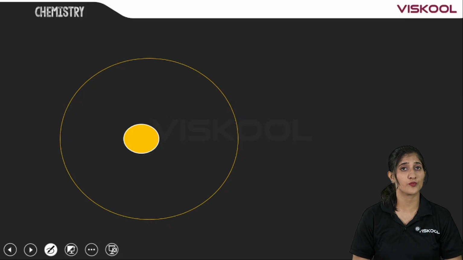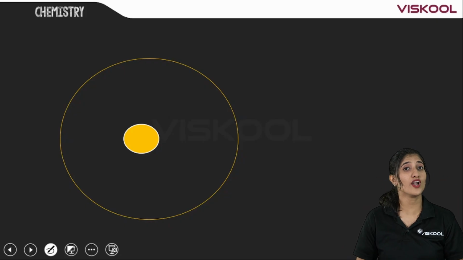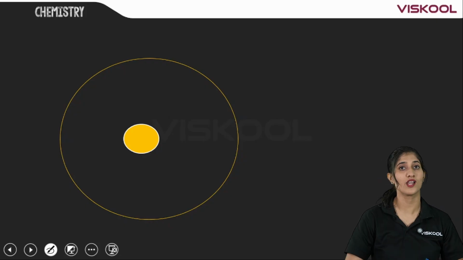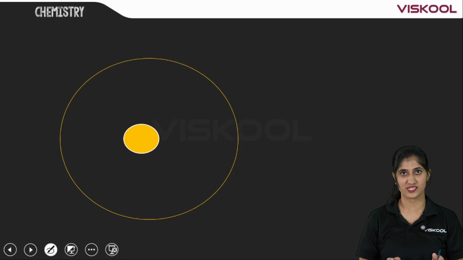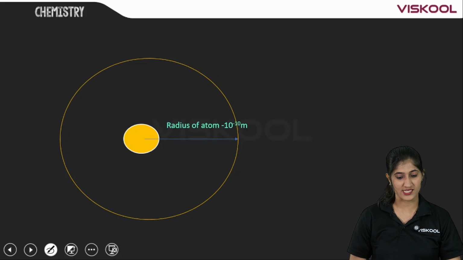The size of the football is very small as compared to the big ground, right? Similarly, the volume of the nucleus, that is positively charged space, is very small as compared to the volume of the atom. So, he proposed that radius of the atom will be 10 raised to minus 10 meter. Then radius of the nucleus will be 10 raised to minus 15 meter.